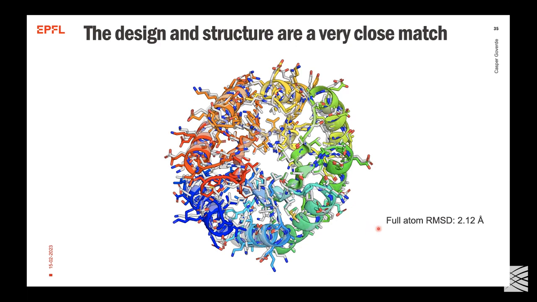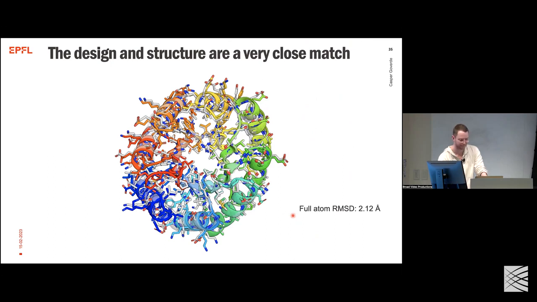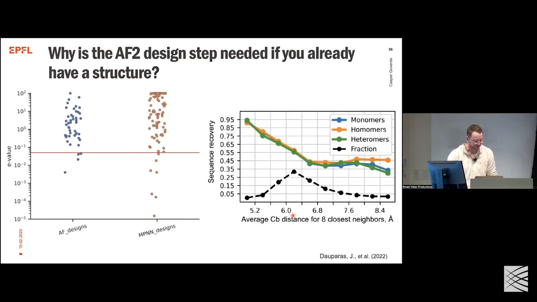So we got a full atom RMSD of about 2.1 angstrom, which is about 2 hydrogen atoms in accuracy away. So we were about 2 hydrogen atoms off from our design.